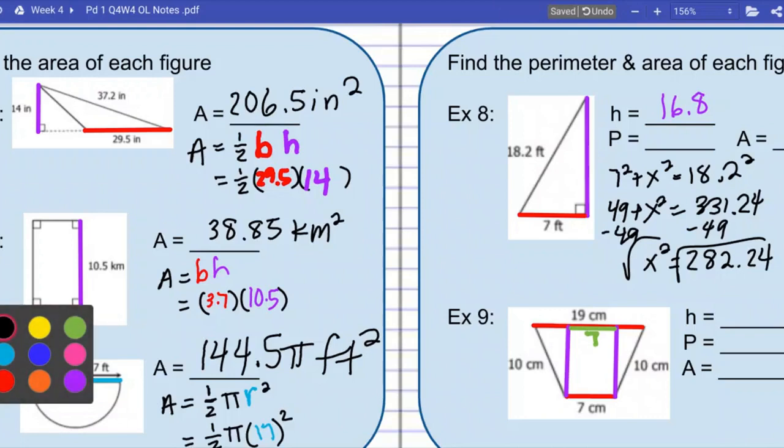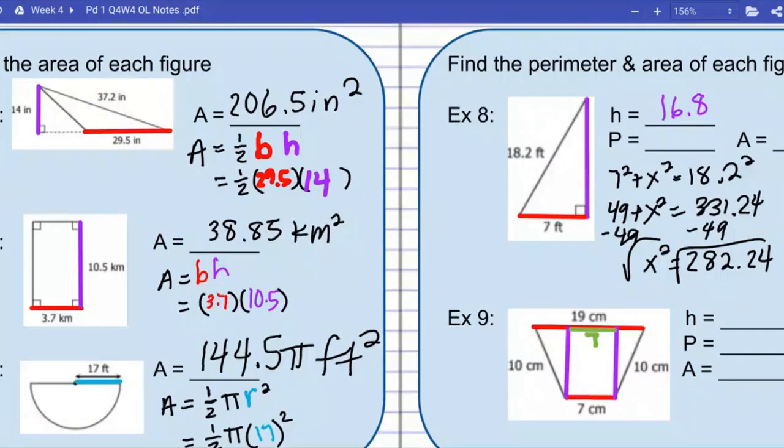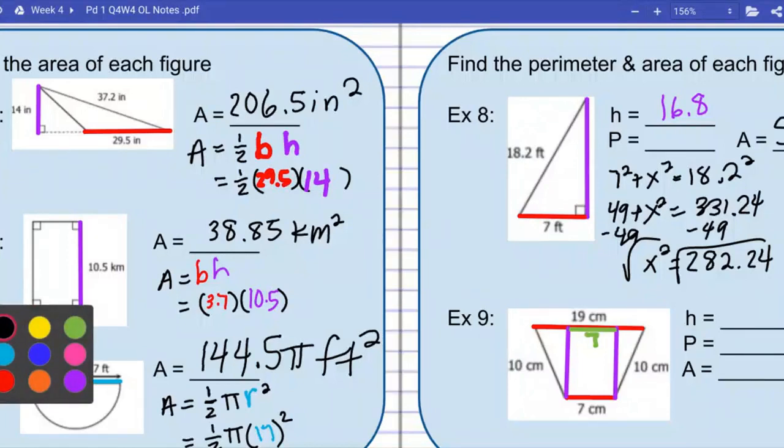So it's going to be 1/2 times 7 times 16.8. Divide that answer by 2 to get the area. It's 58.8, and that's going to be feet squared.